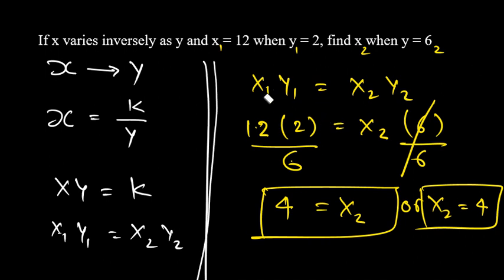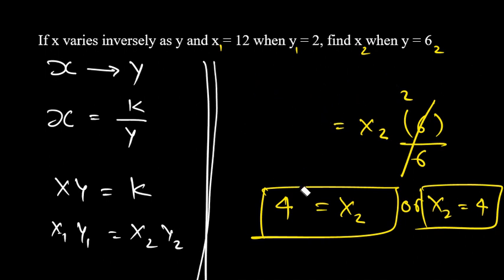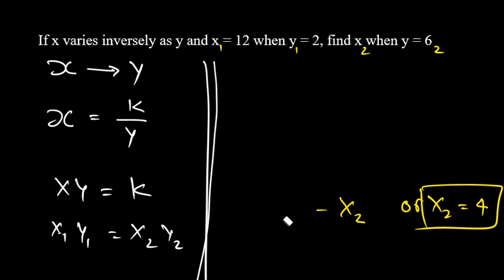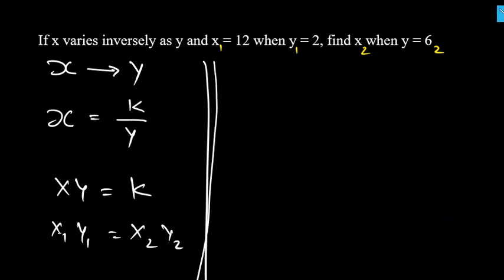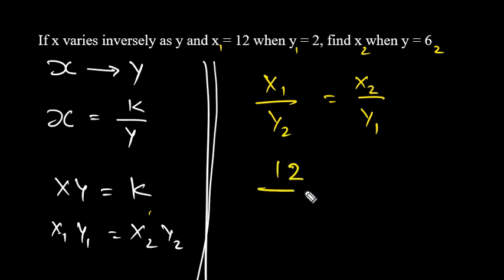Okay, now this is the first method. Now if you want to write it the second way, that will be x1 over y2 equal x2 over y1, right? This is how we write the second one. From here, x1 is 12, y2 is 6, x2 we need to find, and y1 is 2.